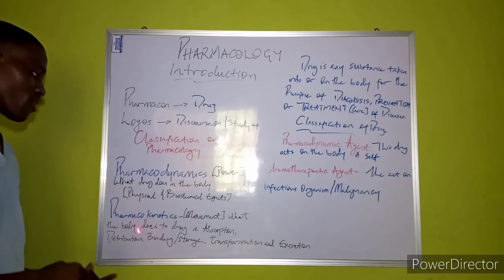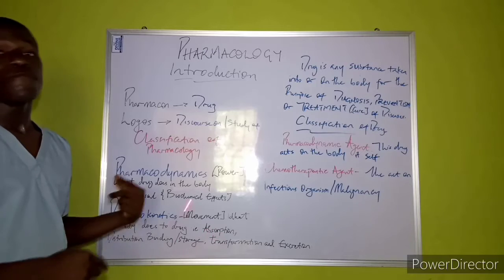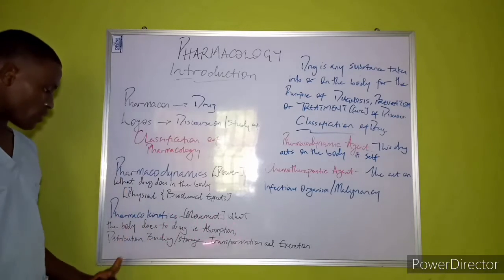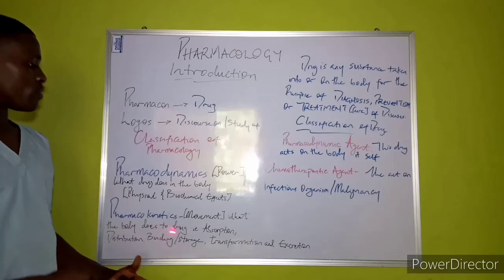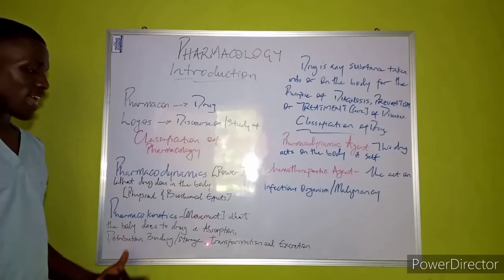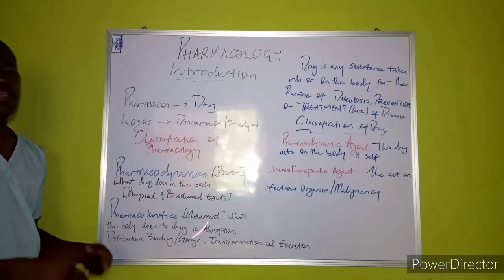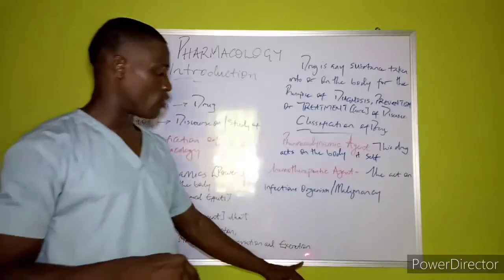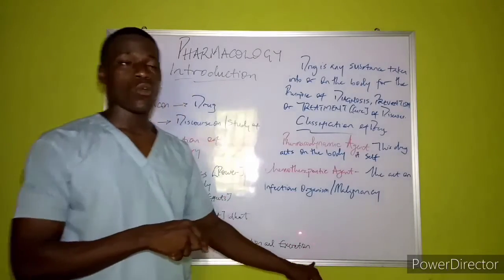So pharmacokinetics encompasses the absorption of the drug, the distribution of the drug throughout the body, the binding or storage of the drug at the receptor sites where it will act, the transformation of the drug into substances that are able to have effect on the body, and lastly the excretion of the drug out of the body.